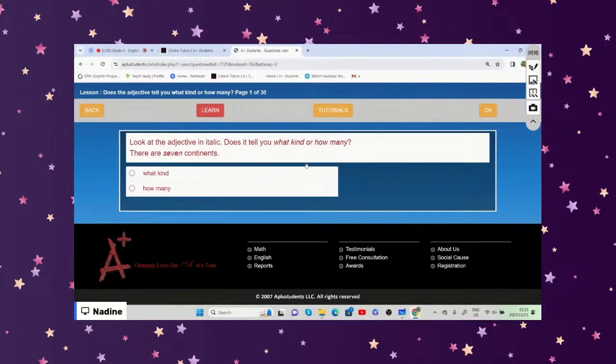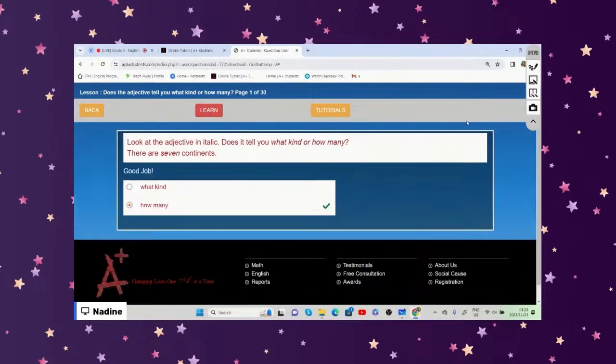It's like asking how many continents are there? And we say 7 continents. It's how many, because we can even count the number of continents there are. So 7, and they ask us how many.